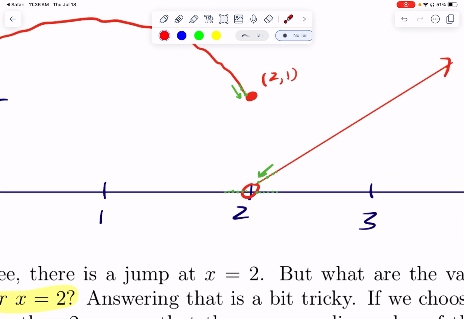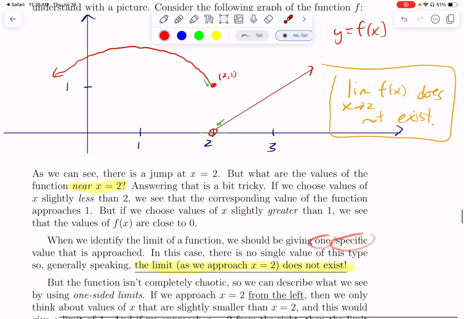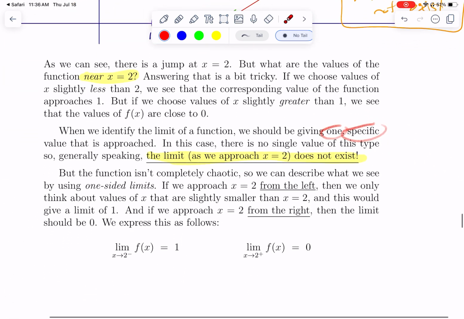And yet we feel like there are patterns. Maybe there's not one big pattern, but there's a little pattern over here that makes sense, and there's a little pattern over here that makes sense. So we can modify the language of limits to talk about those patterns individually. What we're noticing is if we approach x equals 2 from the left.